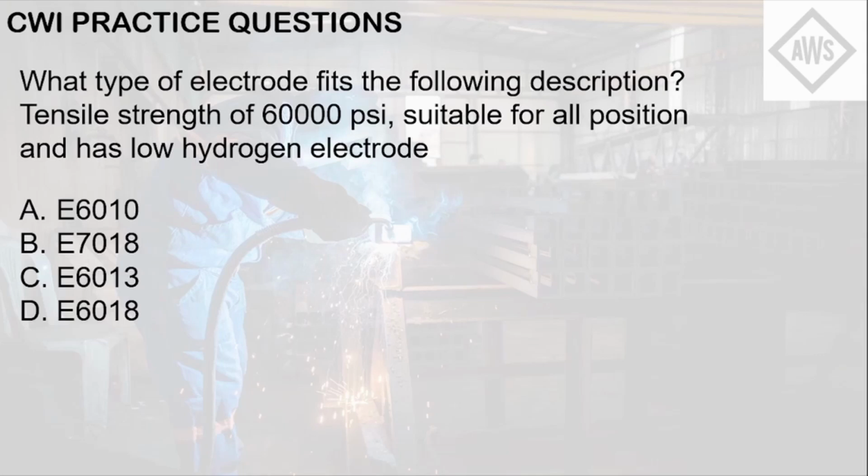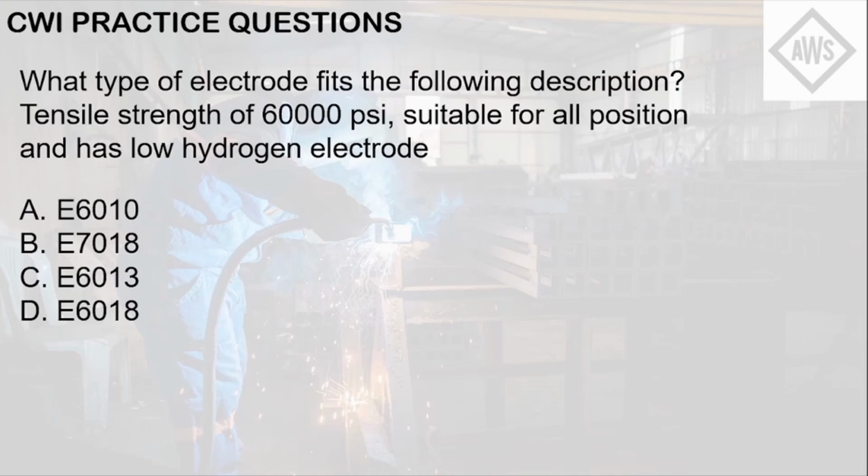So letter A, E6010, is an electrode with 60,000 psi, so that might be the correct answer. The number 1 is suitable for all positions, so that might be correct too. But the last digit, what does it refer to? It's a chemical composition for that specific welding electrode. But is it a low hydrogen electrode?